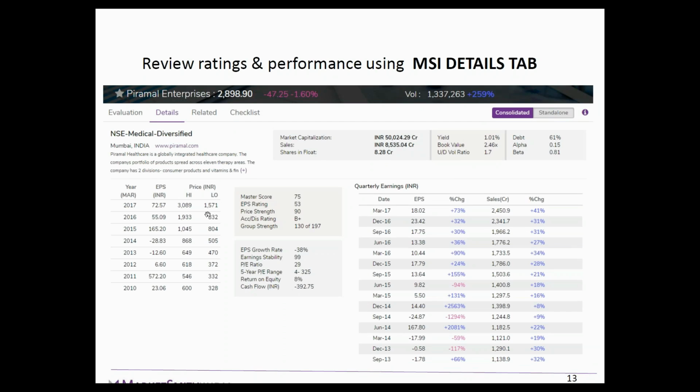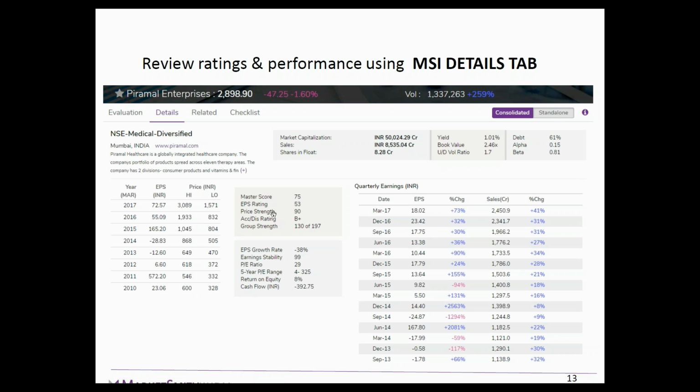Now coming here, you can see the year-wise EPS change, the high and low price, the master score. So this master score, EPS rating, price strength, AD rating, and group strength chart is one of the most important charts you should look at when you evaluate any stock.